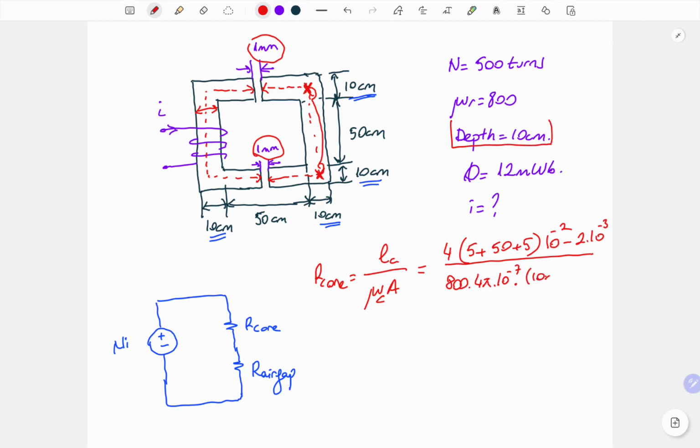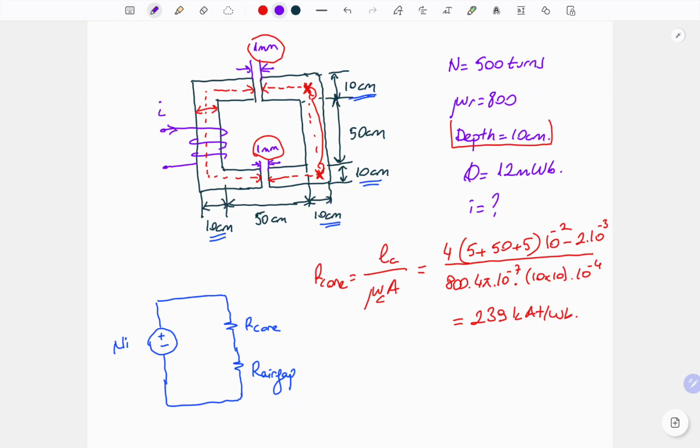So 10 times 10 must be converted again to meter square. Okay, from here, our R core will be equal to 239 kiloampere turn over Weber.